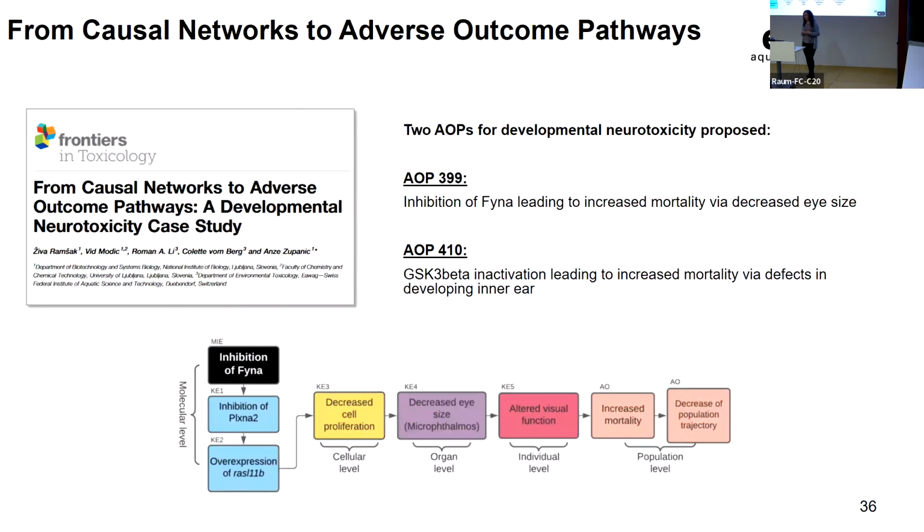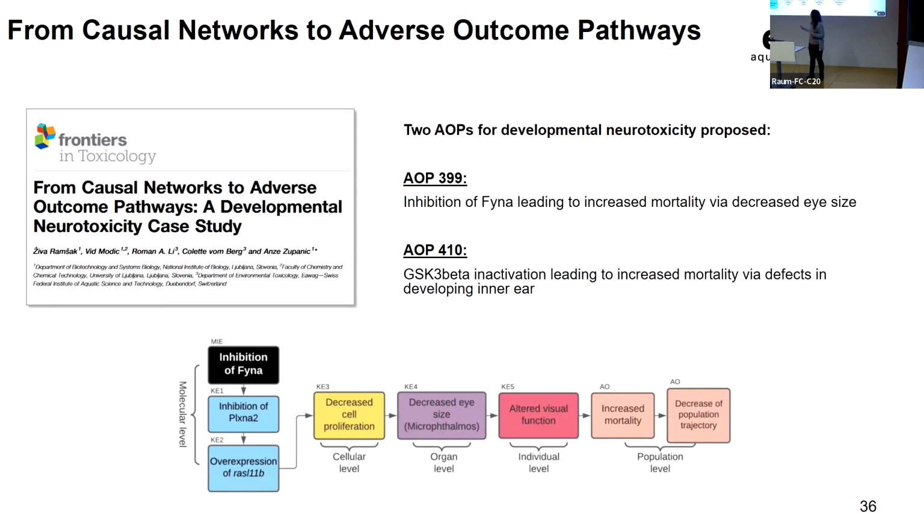Anje Šupanik and his team were also able to find a method to directly derive adverse outcome pathways from these networks. We used the neurotoxicity network to develop two adverse outcome pathways for developmental neurotoxicity.